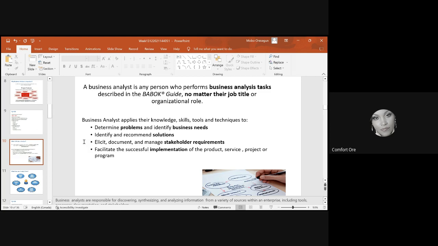So a business analyst will be anyone who performs business analysis. When you say business analysis task, that's high level.